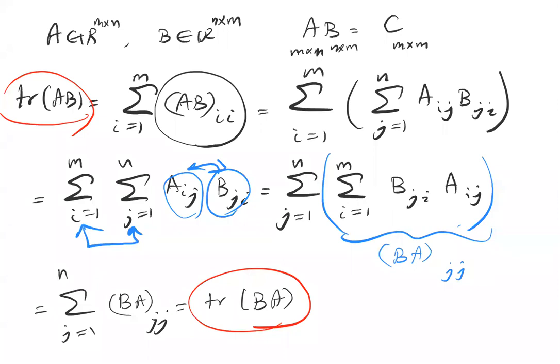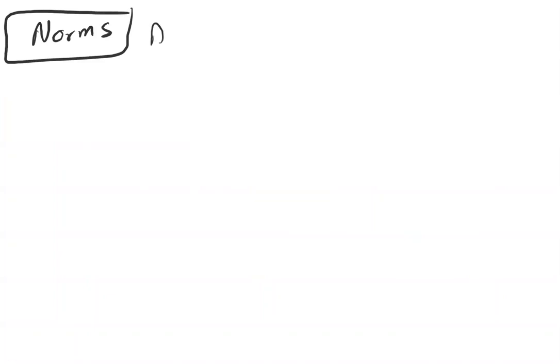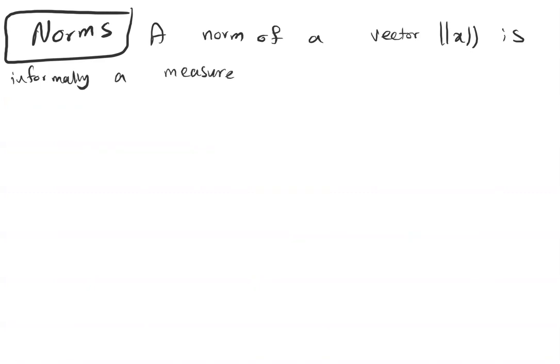So the last thing that we are going to talk about in this lecture are norms. The norm of a vector x is informally a measure of length of the vector. So there are several definitions for norms.